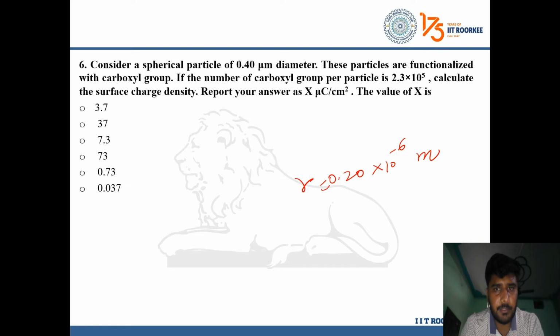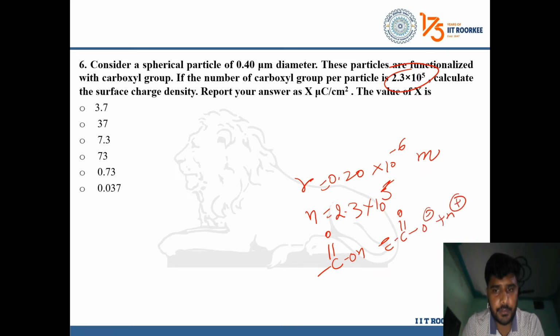If the number of carboxyl groups per particle, if I denote it by n, is 2.3 into 10 raised to 5, calculate the surface charge density. The carboxyl group, how does it dissociate? It dissociates like this.